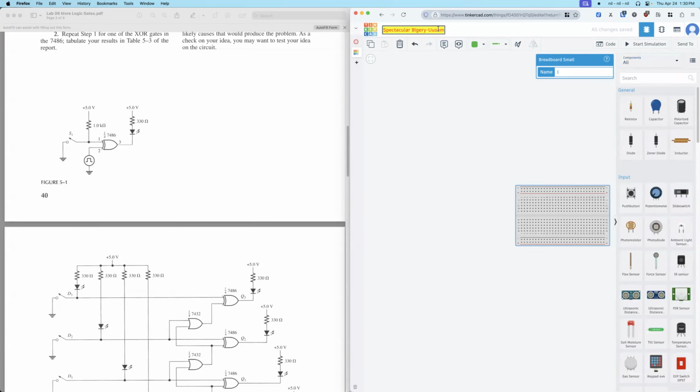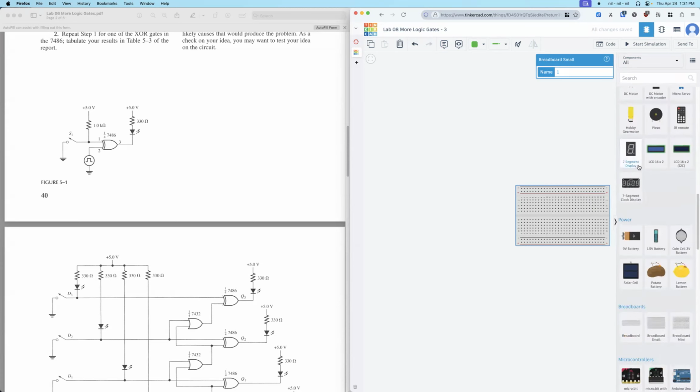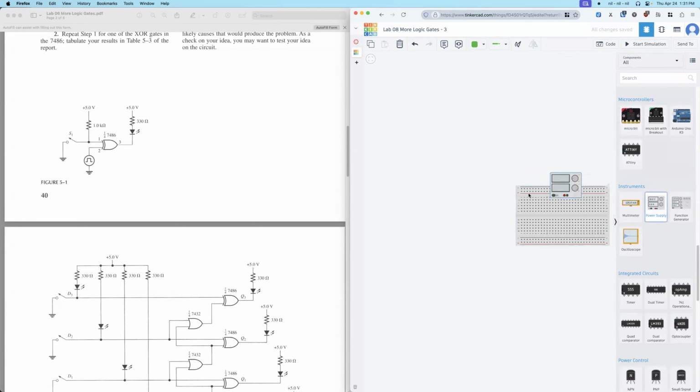Oh, let me change it. So actually this is for step 3. So I typed 3 here. Power. So we need the power and the function generator.